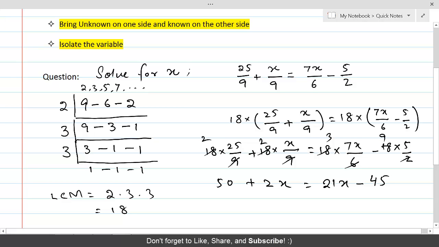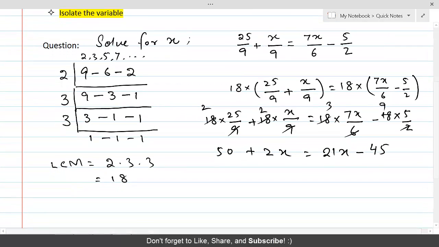Now the next step in the strategy was that we want to bring all the unknowns on one side and all the knowns on the other side. We will first remove this 2x by subtracting it from this side, minus 2x, and minus 2x on this side.